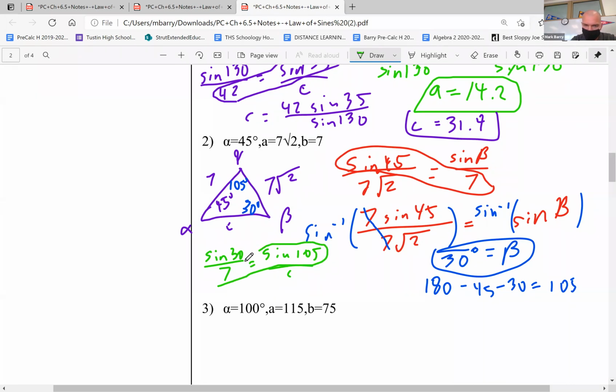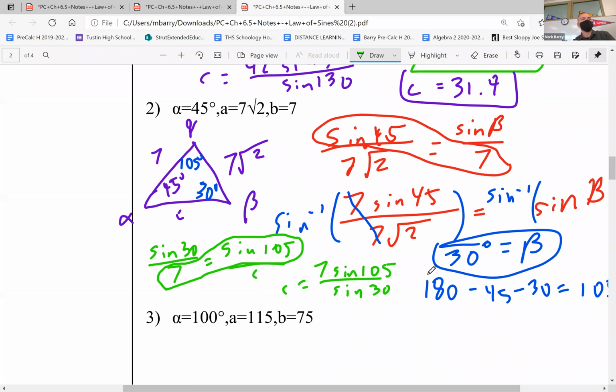And I'll cross multiply this. So I'm going to have little c equals 7 times sine 105 divided by sine 30. That I'm just going to type in the calculator.